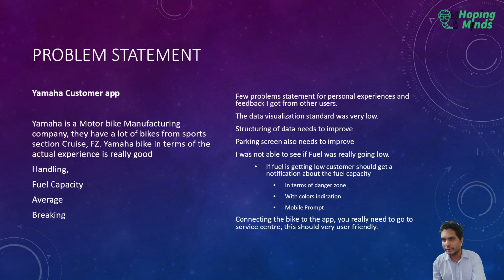That could really help the user if they are on a low budget and want to save fuel, and it could be amazing if, when fuel is getting low, the customer gets a notification about the fuel capacity in terms of danger zone, with color indication, and a mobile prompt.